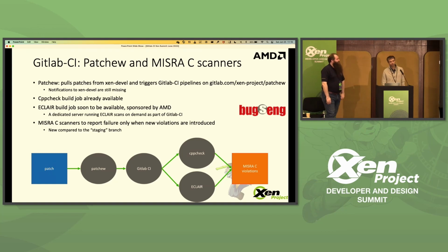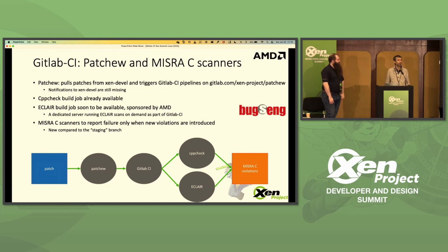Okay, so now MISRA-C and GitLab. One feature of GitLab that many of you are probably not aware of, and I myself tend to forget about, is patchu. Patchu is this thing that pulls email from XenDevel and applies them to a Git branch.